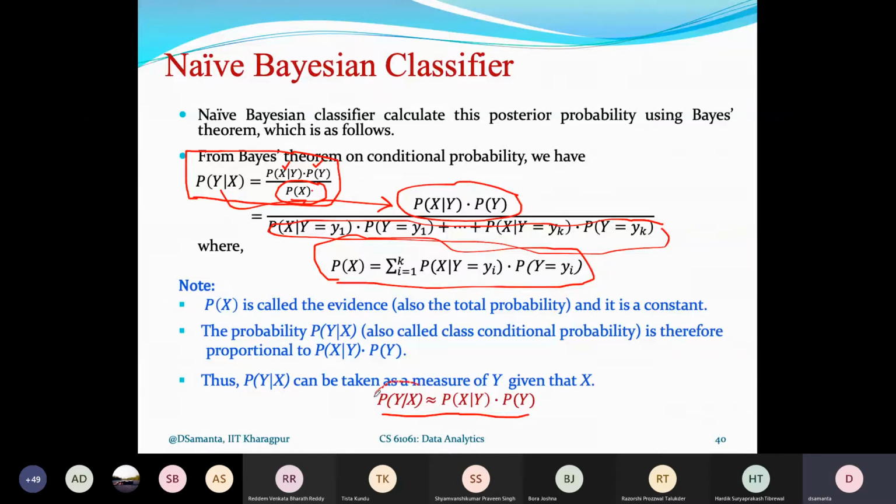Now note down that P(y | x) is therefore not strictly a probability value, but an estimation of a probability value, which has a certain value, maybe between 0 and 1, both inclusive. After simplification, this class conditional probability can be expressed in terms of the posterior probability and the prior probability.